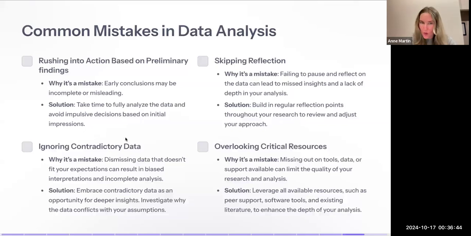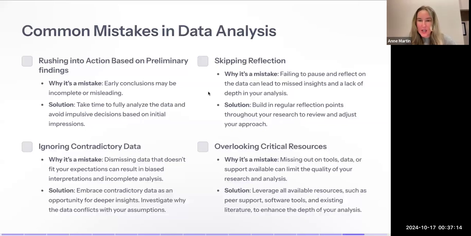Of course, not ignoring contradictory data, skipping reflection, making sure that you are pausing, reflecting, making a video about it, memoing about it to reflect and really use your own insights. You know, sometimes reflection can even be like writing down everything that you have, sleeping on it, coming back to it the next day. Overnight, your brain does amazing things and can hopefully help you come up with some insights.